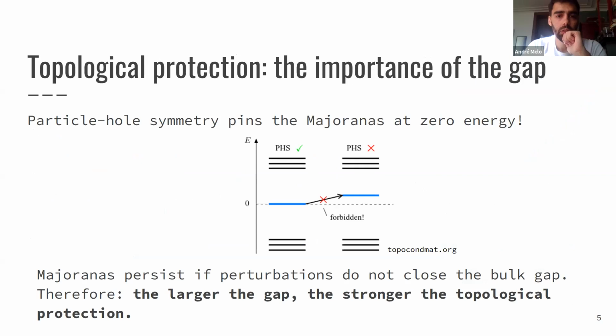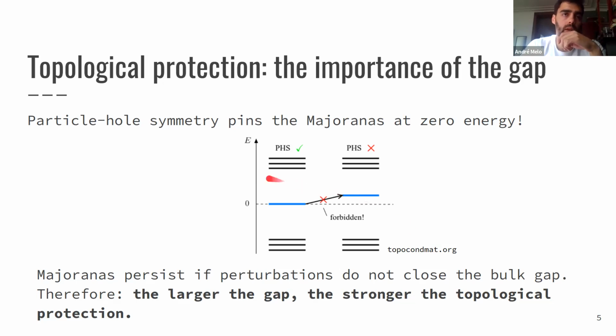And now I want to circle back to something I mentioned in the beginning, namely this topological protection of the Majorana modes. So Majorana modes are realized in superconductors, and superconductors have something called particle-hole symmetry, which forces the spectrum of the system to be symmetric with respect to zero energy.